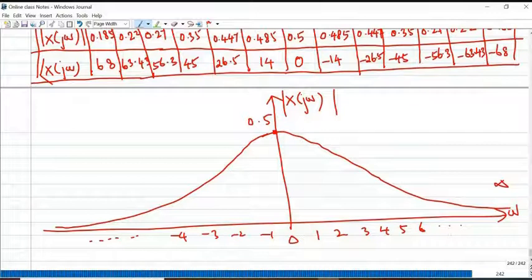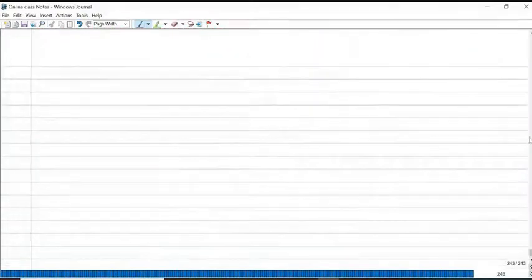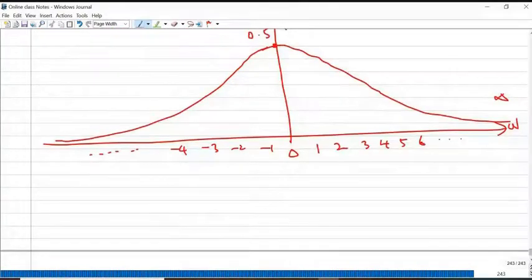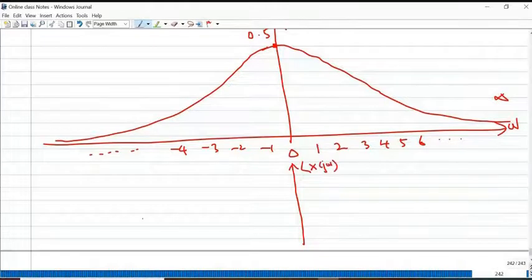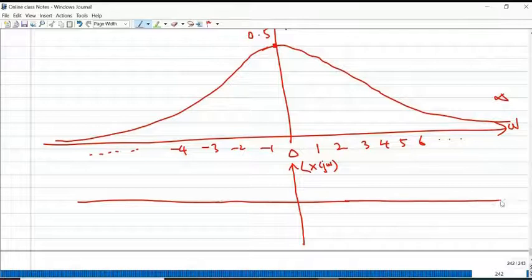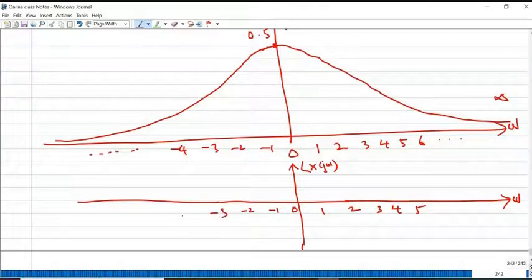Phase response. Angle of X(j omega) versus omega: 0, 1, 2, 3, 4, 5, and so on. Minus 1, minus 2, minus 3, minus 4, minus 5, and so on. Okay.